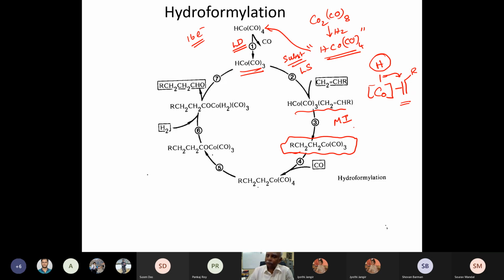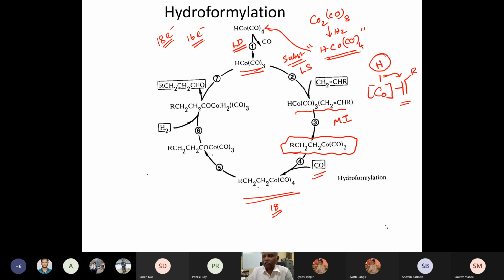Then a migratory insertion, which is now followed by one more migratory insertion. Here, of course, carbon monoxide is added in order to generate your 18 electron species again. Migratory insertions do not have that constraint that they need a vacant coordination site. So wherever possible in a catalytic cycle, you should generate a 16 electron or an 18 electron species.